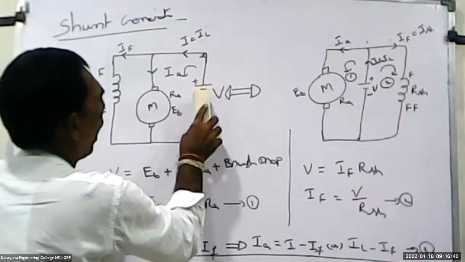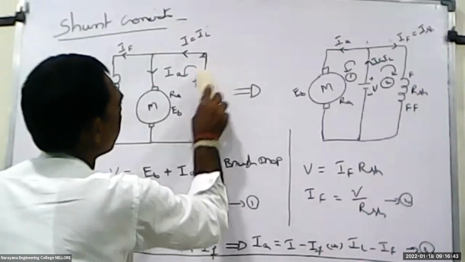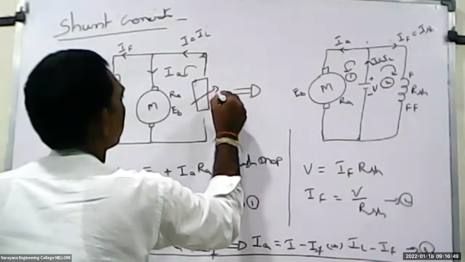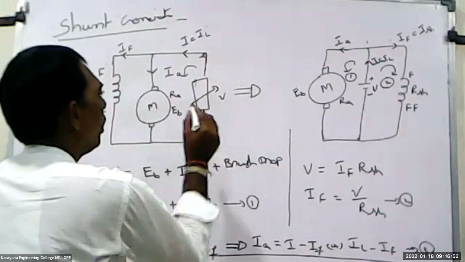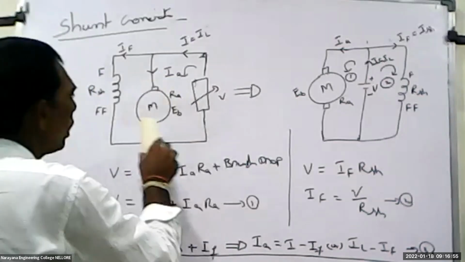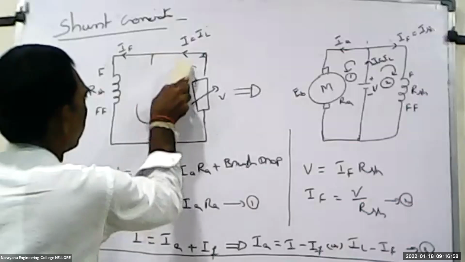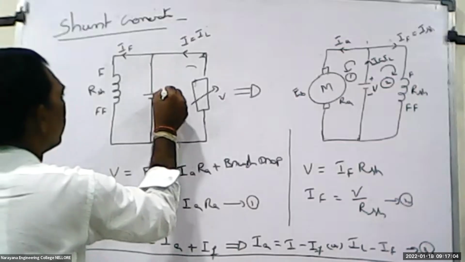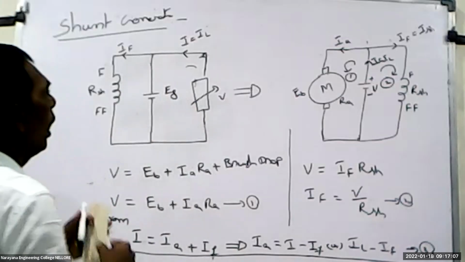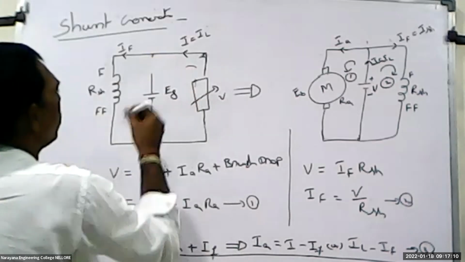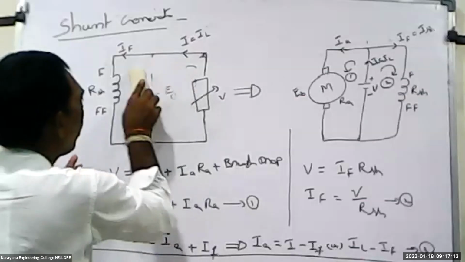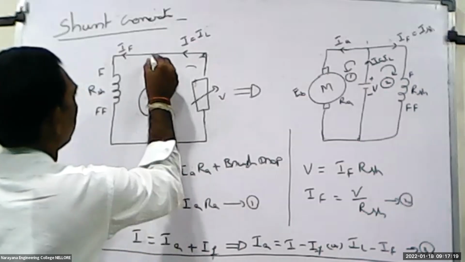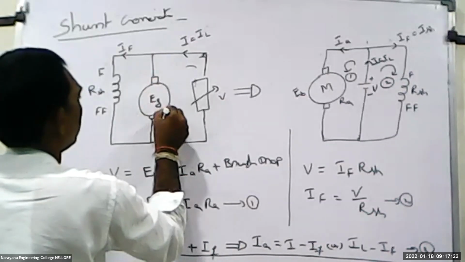So here I have to modify this one as a load, and this is considered as V. And I have to modify EB, which is nothing but the generated voltage, as EG, and this is considered as the resistance RA.